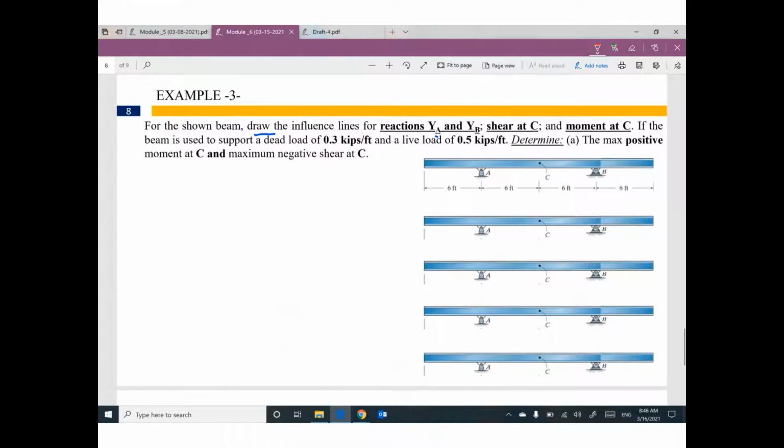So influence line for YA, influence line for YB, and we need to figure out the influence line of shear at C and moment at C. This is the first part of the problem. We need to draw influence lines for reactions YA, YB, shear at C, and the moment at C.